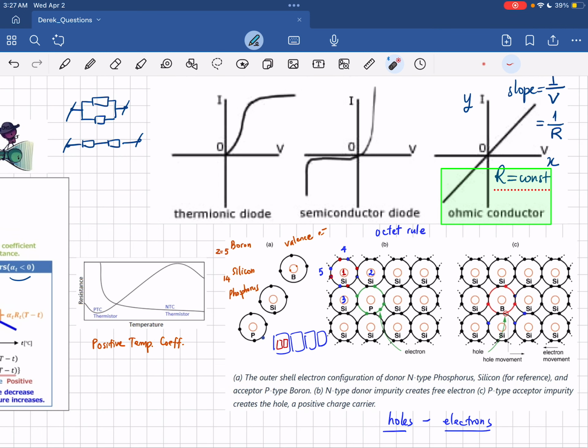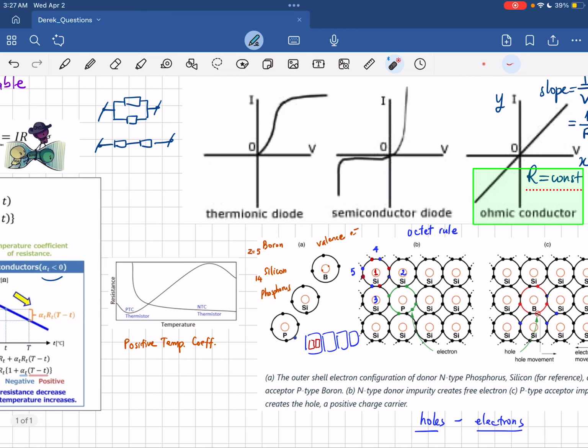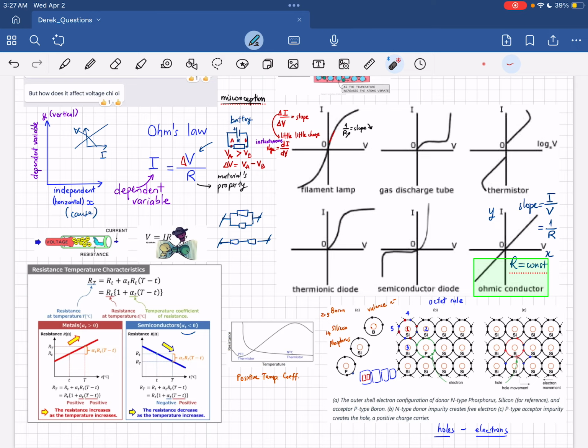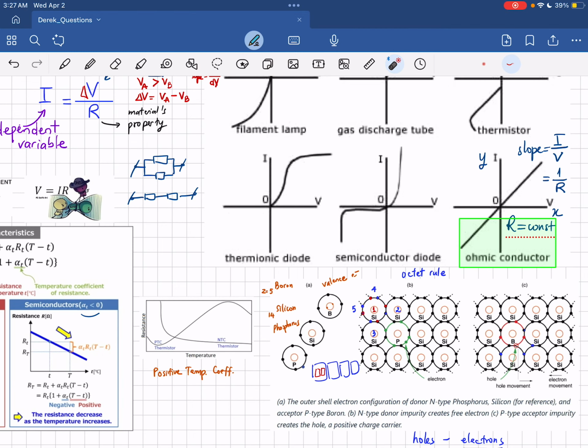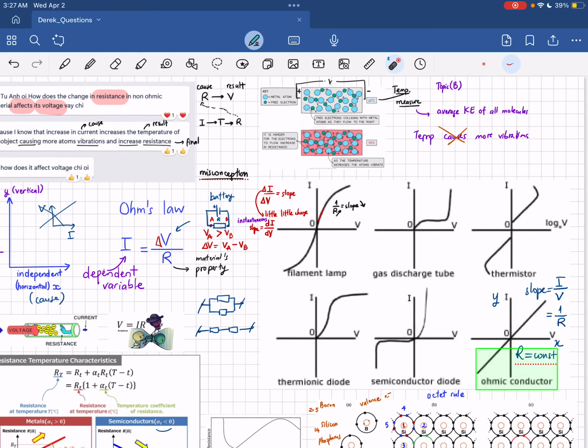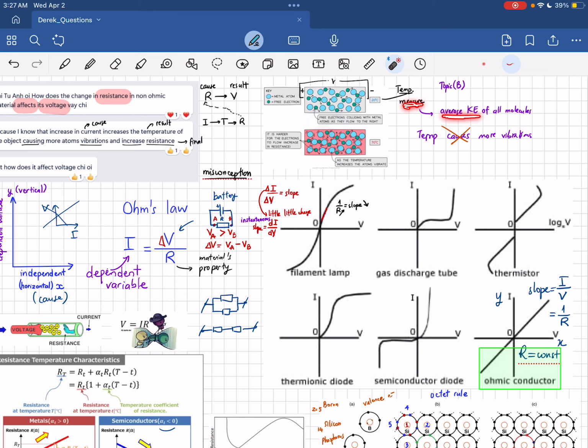But the thing I want to emphasize here is to come back to this point. How can it become a negative temperature coefficient? So basically, when they are at a higher temperature, it also means that their energy is higher, right? Remember that, right? Temperature is a measure of the average energy.